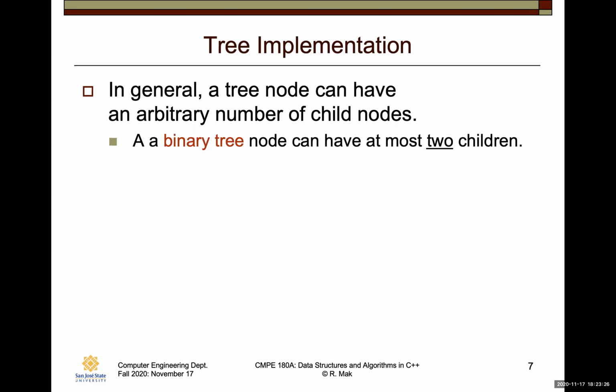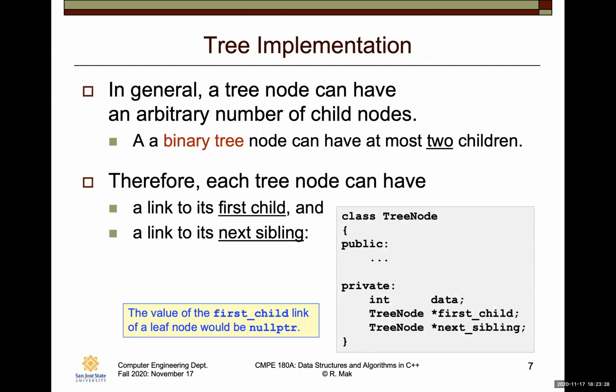All right. So how should we implement a tree? The way we would do it is that each node can have a link to its first child, the leftmost child, and then each child can have a link to its next sibling. Here is an example of how we could implement a tree node.